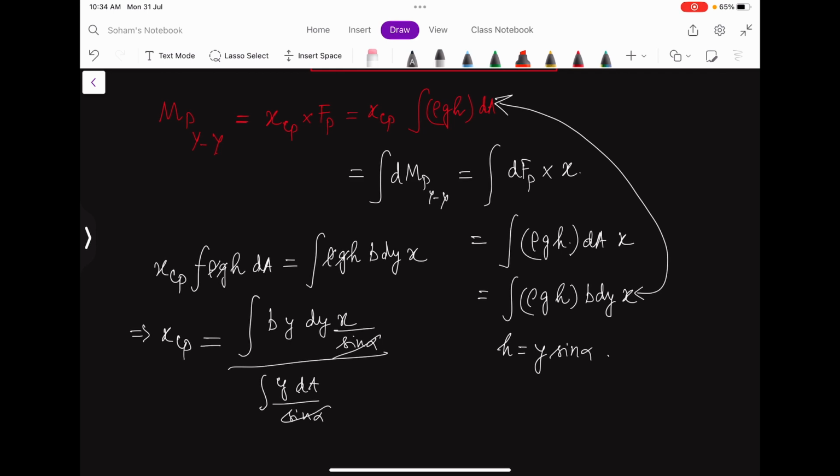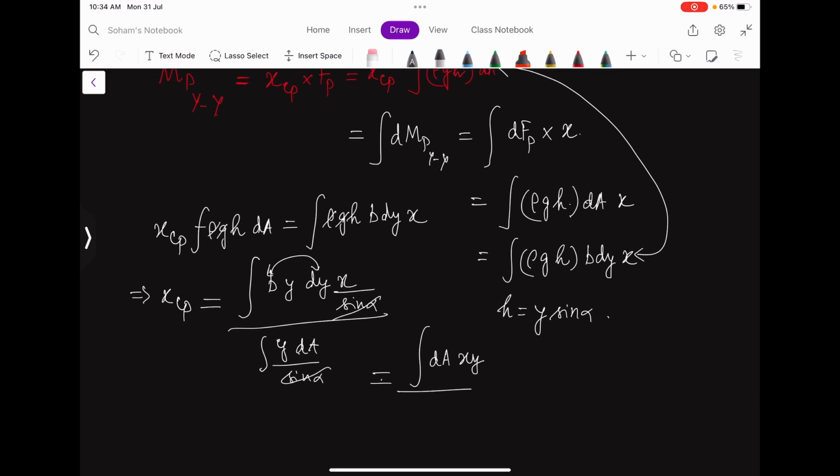So this sine alpha and sine alpha are getting cancelled out, and now this b into dy is dA. So this is dA into xy, and this is coming as our y dA.